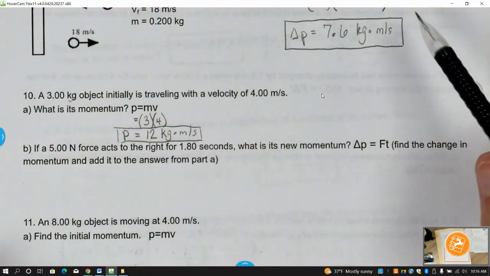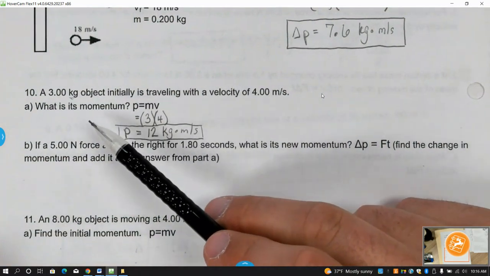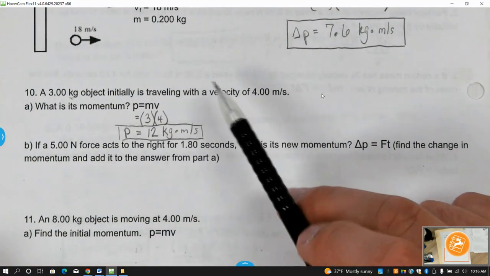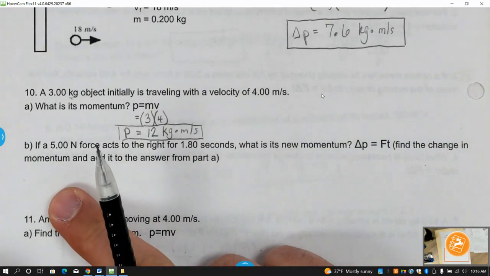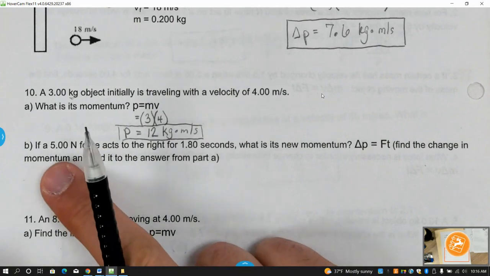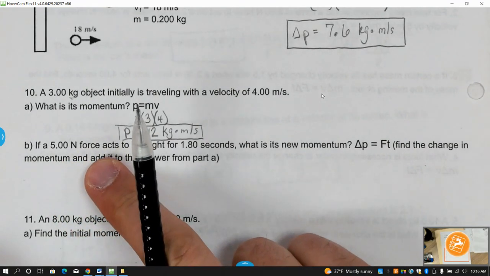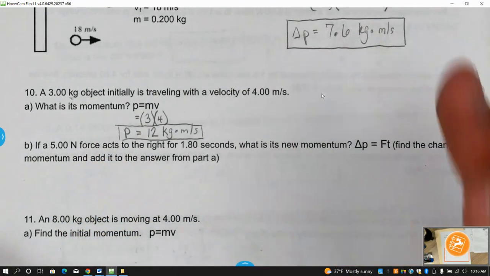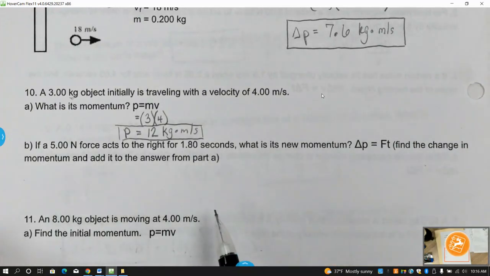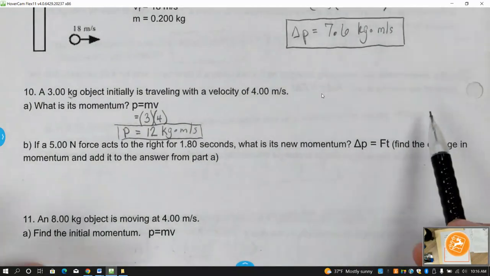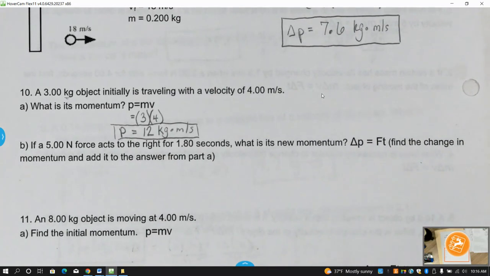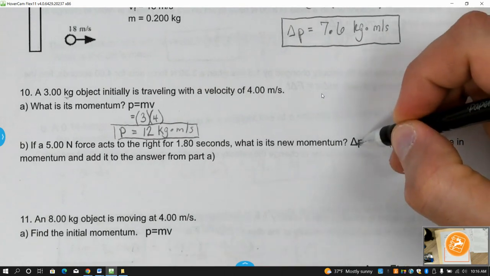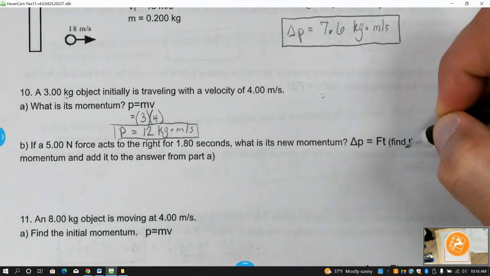Why is this our initial momentum? Well, we're just told that we have a 3 kilogram object that's initially traveling at 4 meters per second. Now they say, if a 5 Newton force comes in and acts to the right, which we're saying is positive, for 1.8 seconds, what's the new momentum? A change in momentum is equal to the impulse, so a change in momentum is equal to force times time.